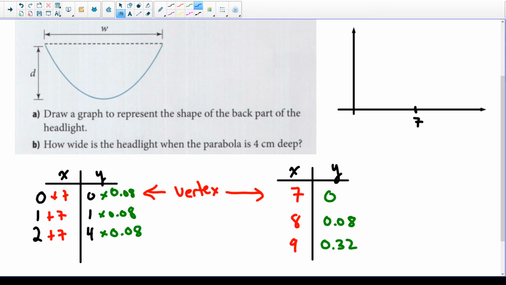Okay. So the first dot of my parabola is at 7, 0, which means it's right here. So normally the vertex is at 0, 0. It's moved to the right by 7. Now when I go to 8, and here's where we can play around with the scaling a little bit. Let's put our one height right here. But 0.08 is really small.